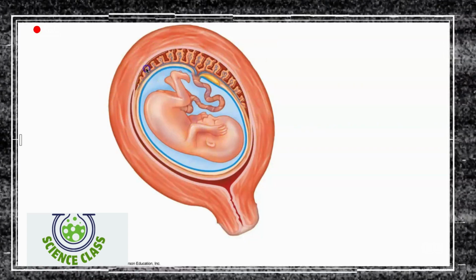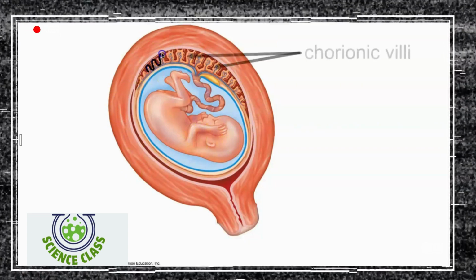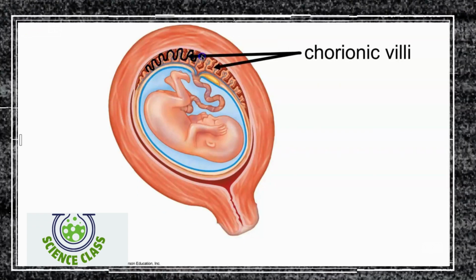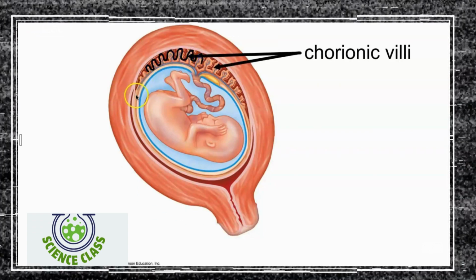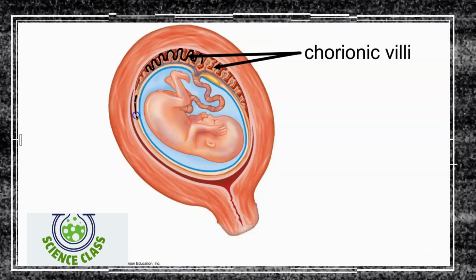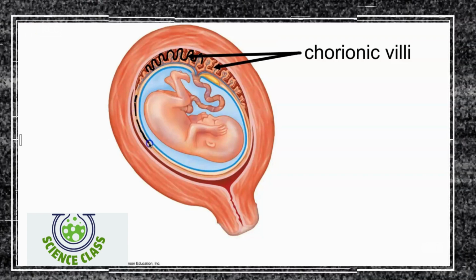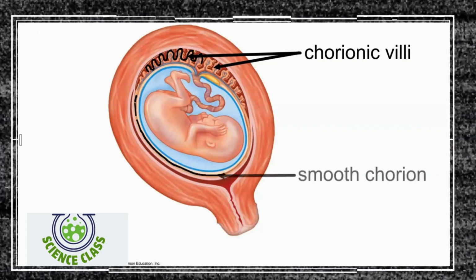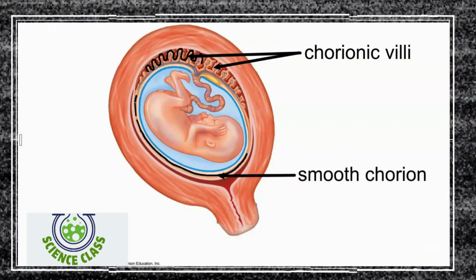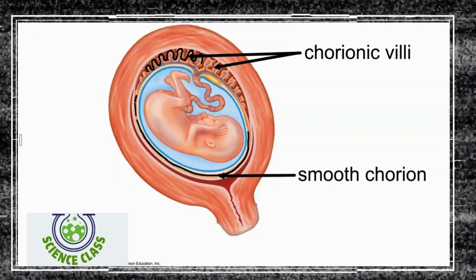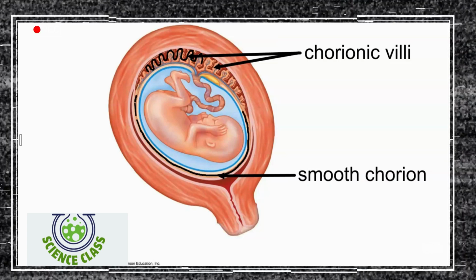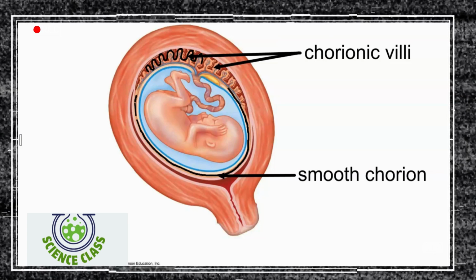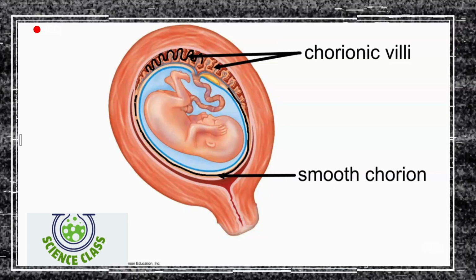And we can see how the chorionic villi are projecting into the endometrium, and where the offspring is projecting into the lumen of the uterus, that is known as the smooth chorion. Notice how the amnion in blue surrounds the offspring, and eventually the amnion is going to bump into and fuse to the smooth chorion and become known as the amniochorionic membrane.